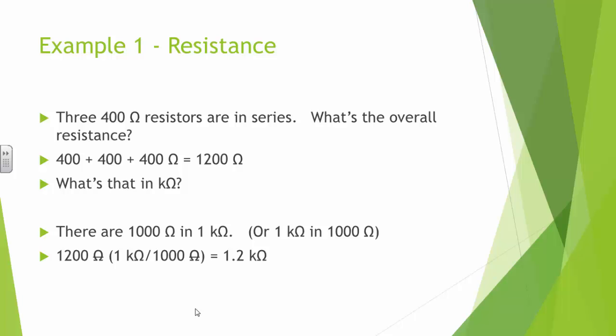Multiply 1,200 ohms times 1 kiloohm divided by 1,000 ohms. Since they're equal, that is the same thing as multiplying by 1. And as we all know, if you multiply something by 1, you get the same value. So 1,200 ohms equals 1.2 kiloohms.